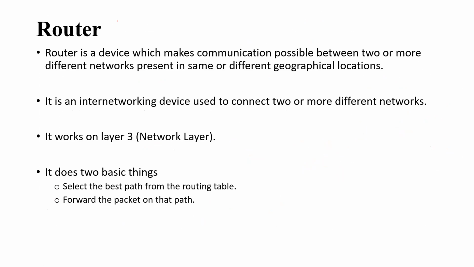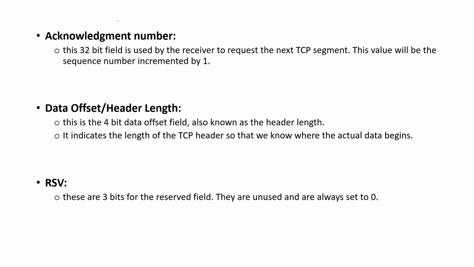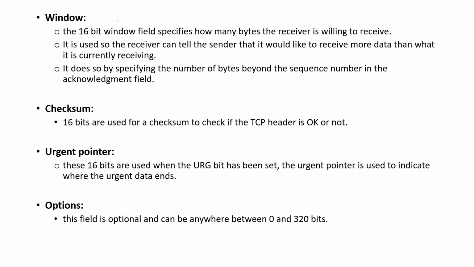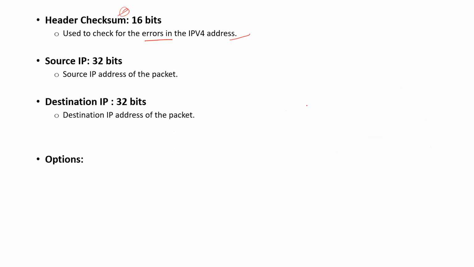Even in the TCP header, if you observed, we have the checksum here also, right? The checksum is used to check whether the TCP header is okay or not. In a similar way, in the IP header also, the header checksum will make sure that there won't be any errors.